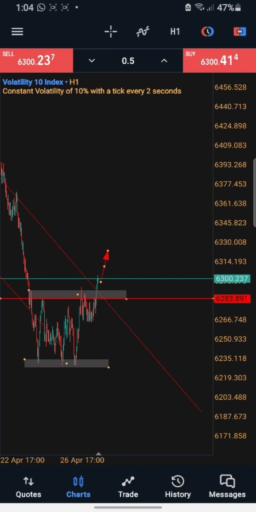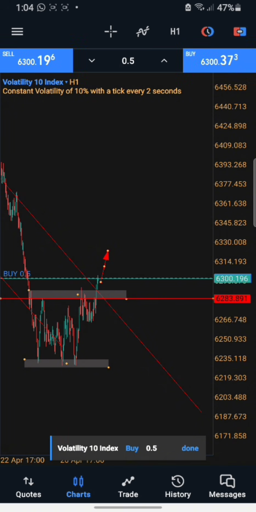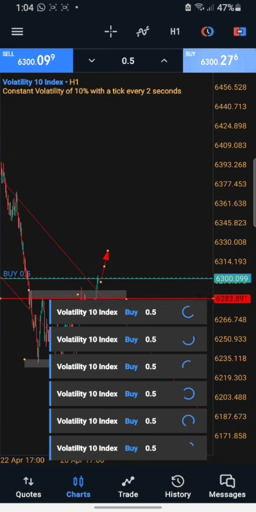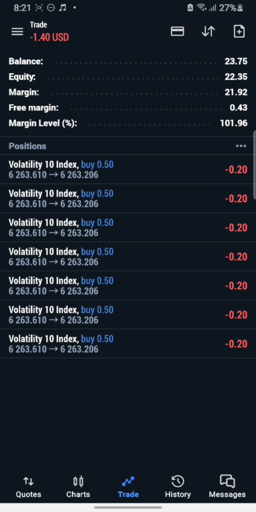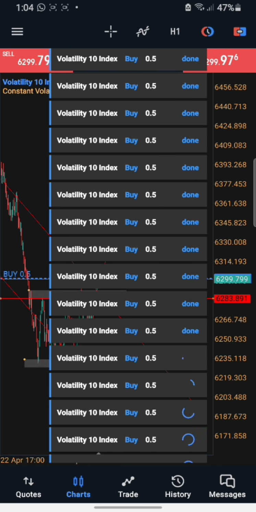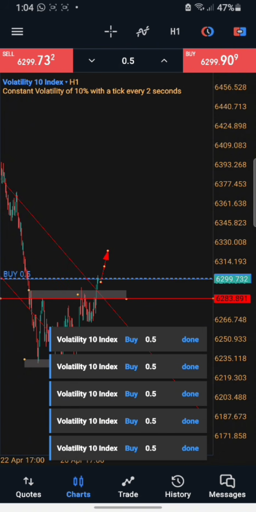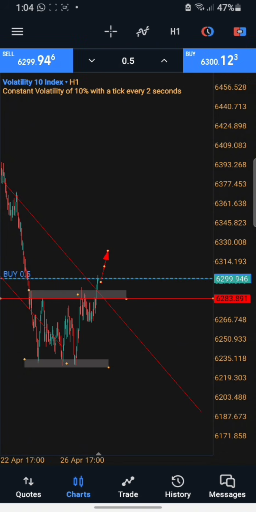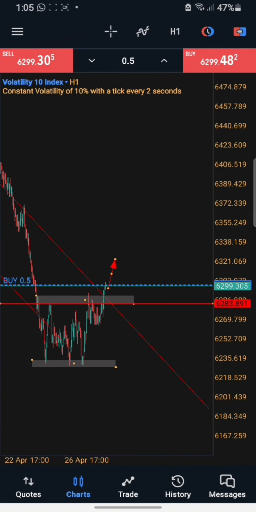So if it continues to go up, we can just enter the position, but for now, let's see if the market is that volatile. And then let's add more positions.